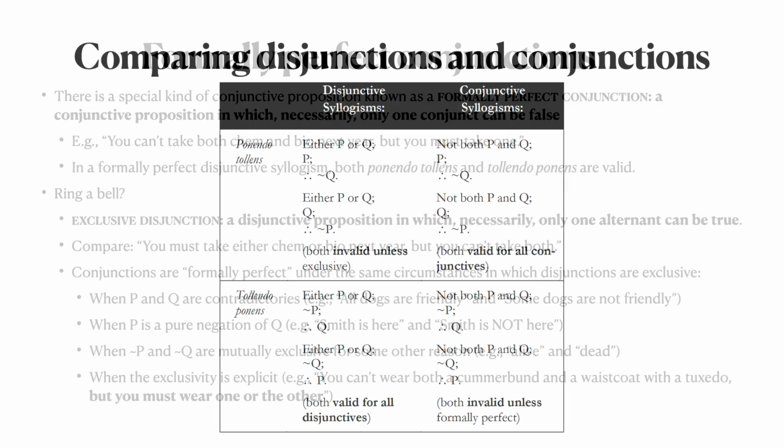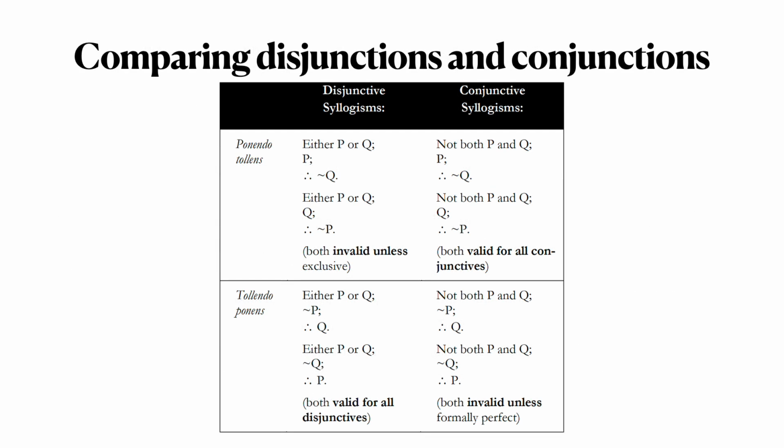So now let's compare these two different kinds of compound syllogism. For the disjunctive syllogism, there are only two ways to do it. There's ponendo tollens and there's tollendo ponens. And ponendo tollens is normally invalid unless it's exclusive. The way you want to do it for the disjunctive is tollendo ponens. That's valid all the time for disjunctives.